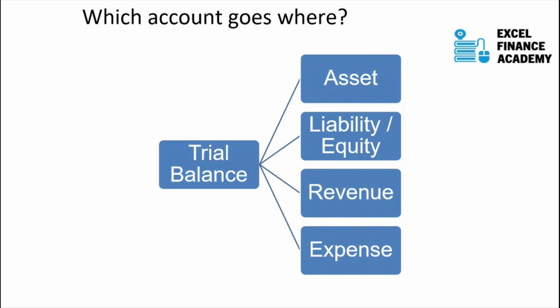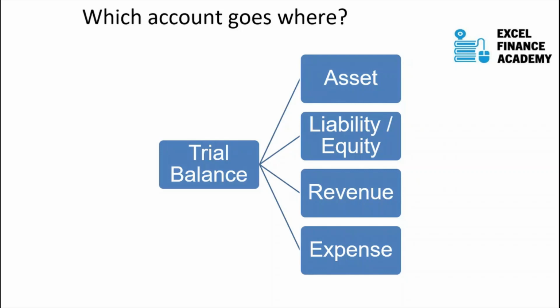The revenue and expenses, at the end of the year, will go to equity. So finally at the end of the year we will have only two things: assets, or liabilities plus equity. That's it. And that will continue to the next year, not from 0, but from where we left off.